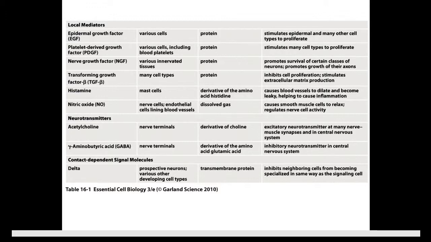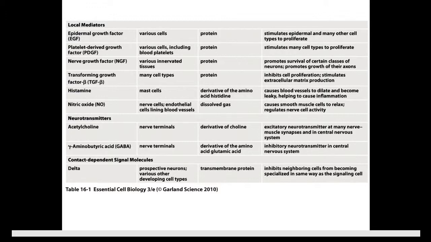Another one is gamma amino butyric acid. This is also produced from nerve terminals, derived from the amino acid glutamic acid. It is an inhibitory neurotransmitter. The first one was the excitatory neurotransmitter; now this is the inhibitory neurotransmitter. Please understand both functions.